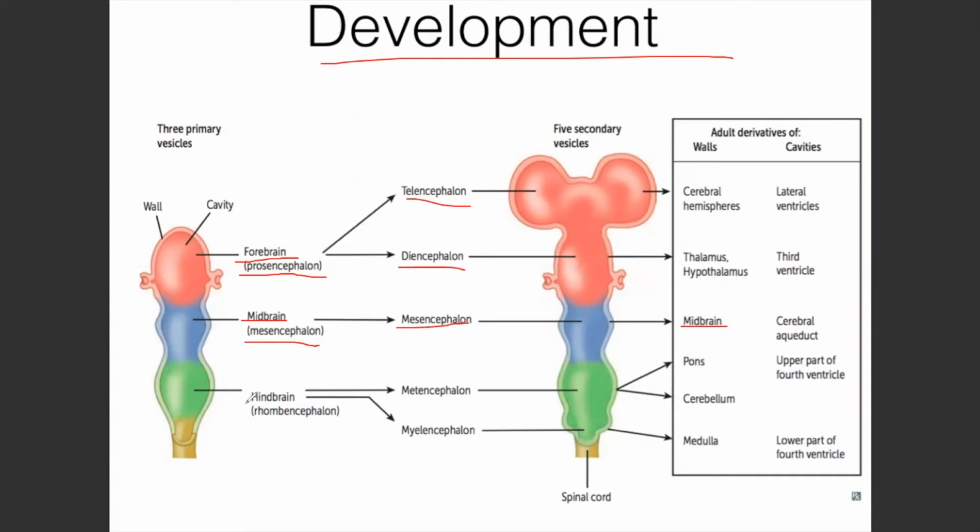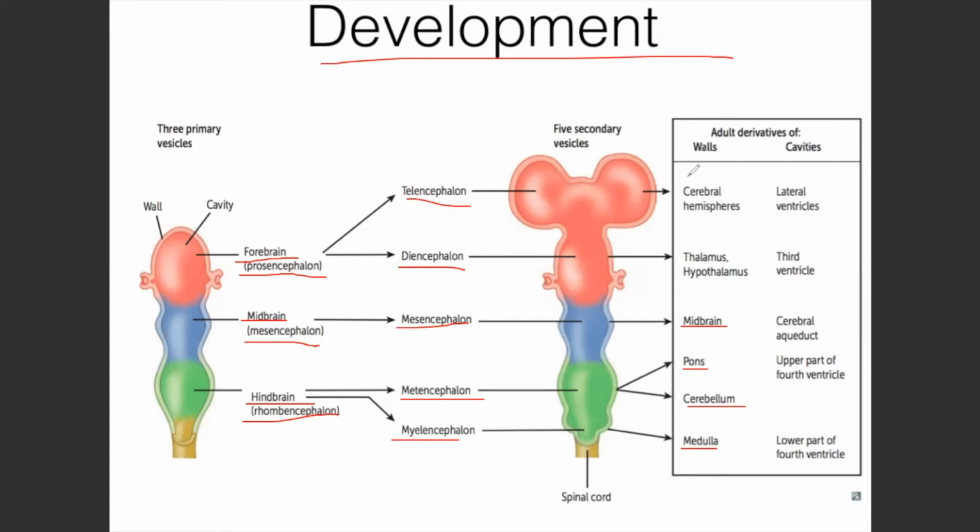Then we've got the hindbrain, which is known as the rhombencephalon. The rhombencephalon gives us the metencephalon and the myelencephalon. The metencephalon becomes the pons and the cerebellum, while the myelencephalon becomes the medulla. So again, let's go really quickly over it. We have the forebrain, which is the prosencephalon, which will become the telencephalon and the diencephalon.